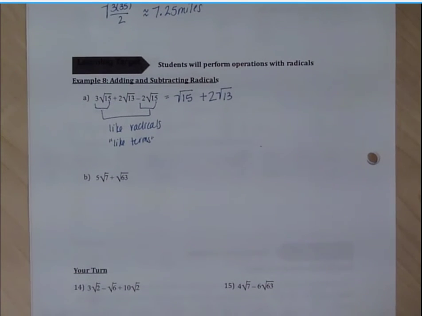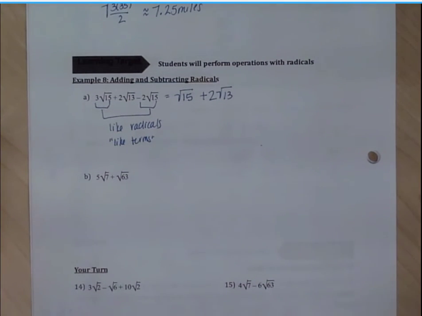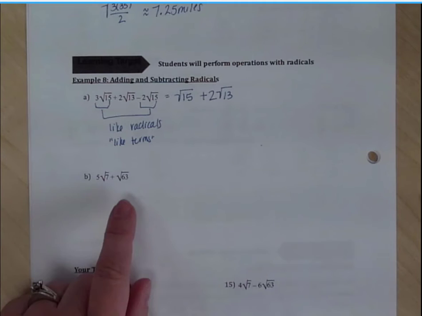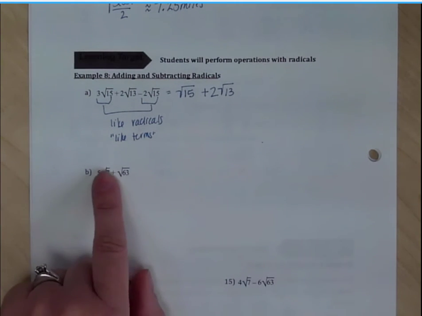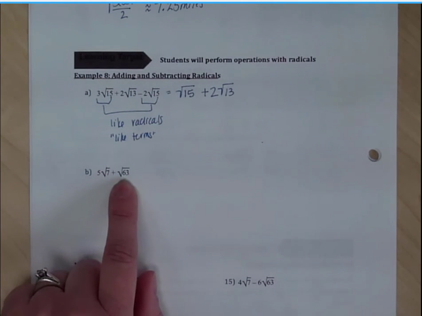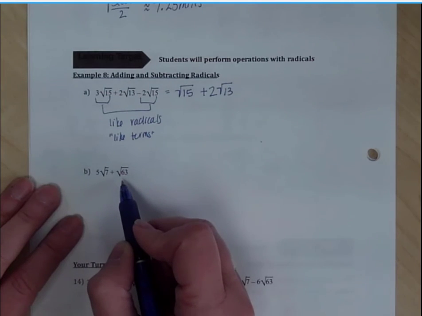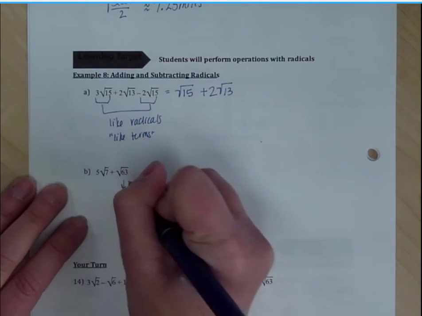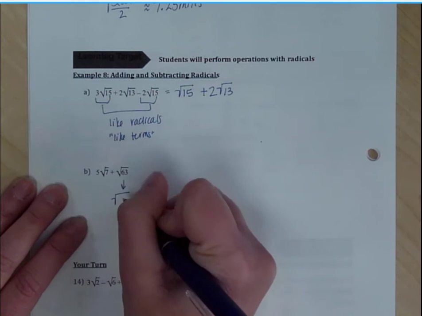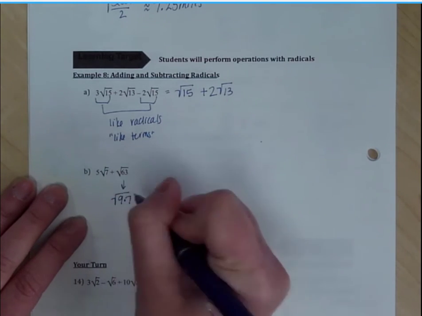Now, if we look at the next one, we have no like radicals. So does that mean we're done? No, that means something's probably going on here that's going to allow me to eventually add or subtract these. If I look here at 63, there is a perfect square factor of 9. So this is the same as the square root of 9 times 7.